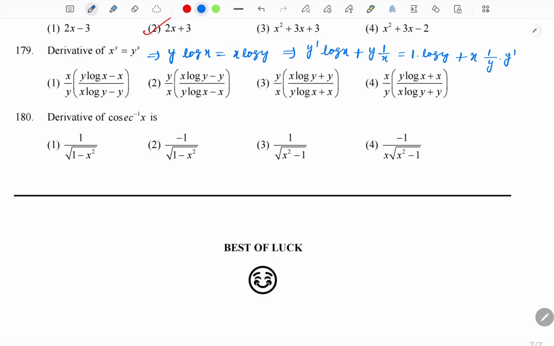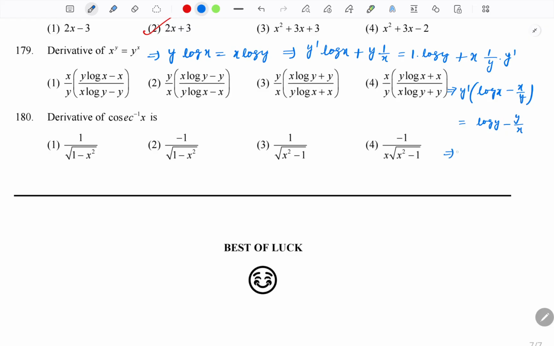Next, from this one, if I take y dash outside, then how much will I get here? Log x on this side, and on the other side, minus x by y. What remains here equals log y minus y by x. Okay, take the LCM and then tell me everything.